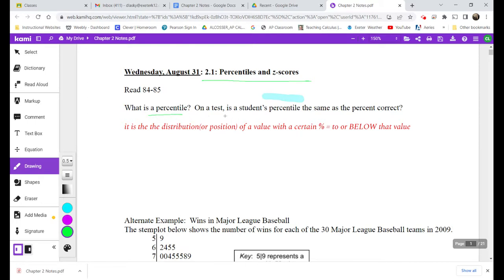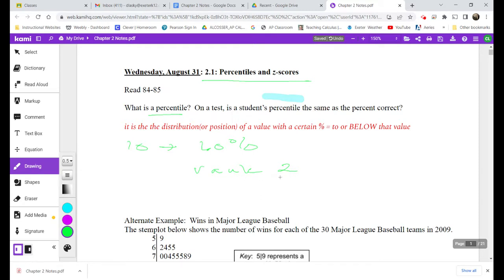So on a test, is a student's percentile the same as a percent correct? No. So let's talk about this real quick. Let's say there's 10 people in class, and the student's score is 60%, but he ranked second out of all the scores.